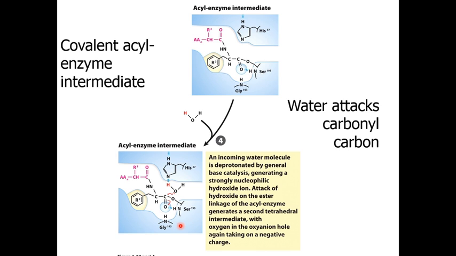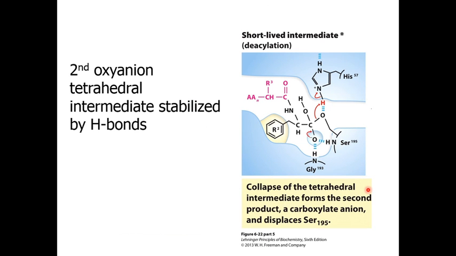The second oxyanion is also stabilized by the hydrogen bonds at the oxyanion hole. Now, again, because this intermediate is unstable, it collapses, and as a result, the electrons push out the serine, and serine now abstracts a proton from histidine 57.